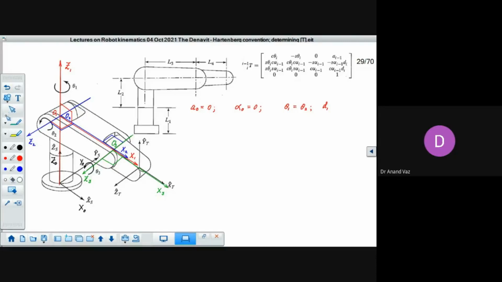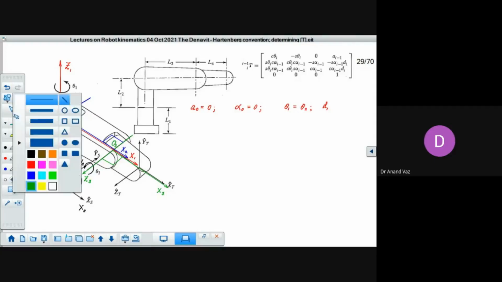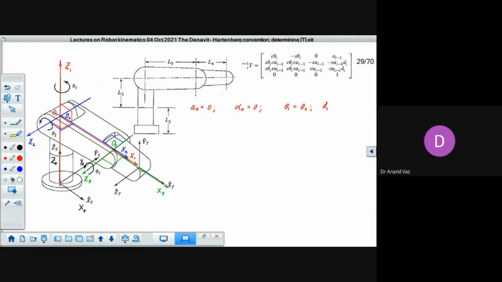So the distance that you measure, it's this length, which I'll just show you. It's the length from here to here. This distance is d1. And you can see in this figure that it corresponds to L1 plus L2. So we will take this as equal to L1 plus L2.